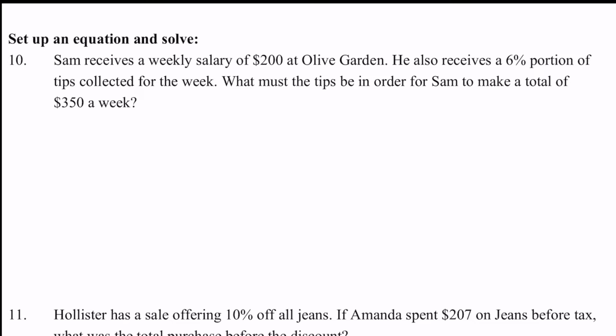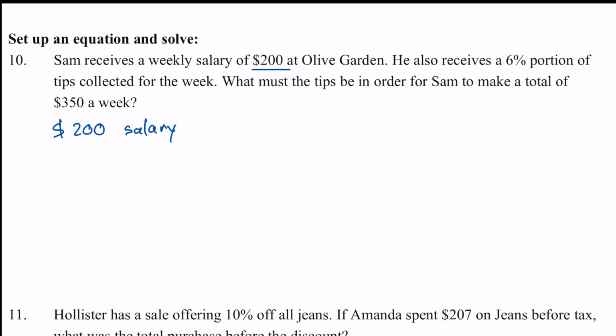Let's go ahead and just set this up and just see how the tips would need to play out. So we have, of course, a weekly salary of $200. As I go through these, I'm going to just kind of set this up. So a salary, of course, is a guaranteed amount. So there's going to be no variable next to it.